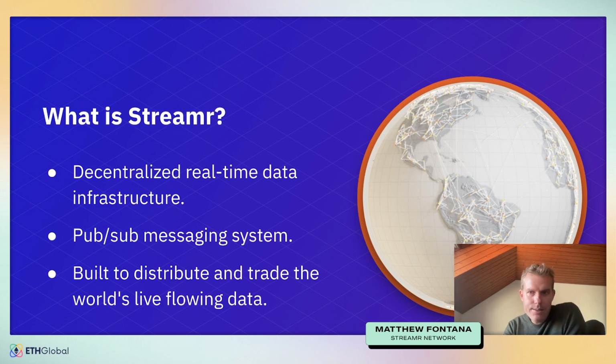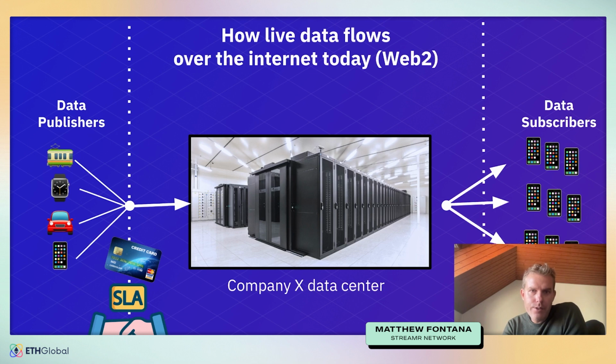It's fast and scalable. So typically live data flows through the internet via Google Cloud, some kind of big data center where you hand over your credit card details, and they provide this decoupling service between publishers, which is usually your app or yourself that is publishing data.